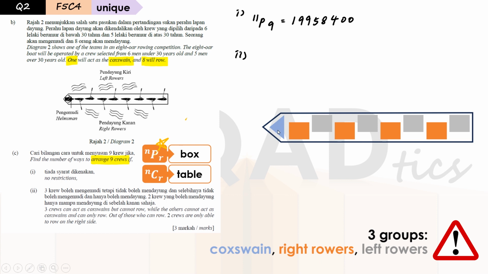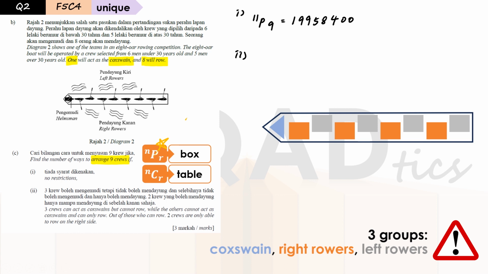This triangle will be for placing the helmsman or the coxswain. The orange boxes will be for the people placed as the right rowers. And the boxes which are grey will be for the left rowers. So here are 3 kinds of boxes, and we are going to put the people according to these boxes.